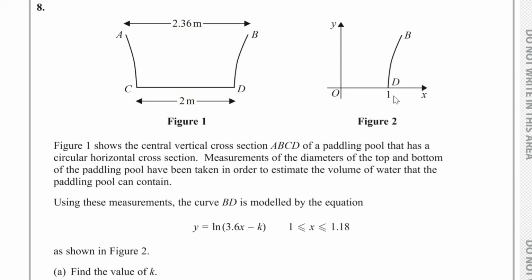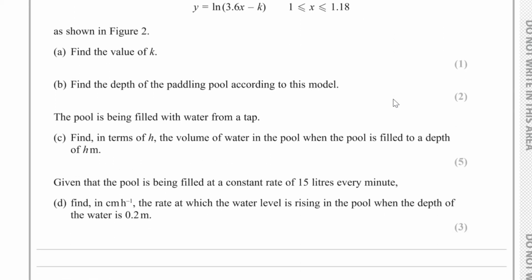Well, if we use this coordinate here, 1 across, 0 up, for part A, using x equals 1, y equals 0, we have 0 equals the natural log of 3.6 times 1 minus k.